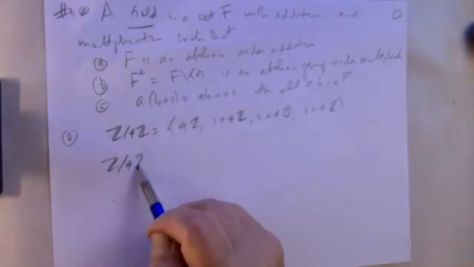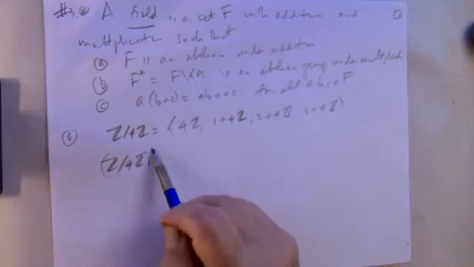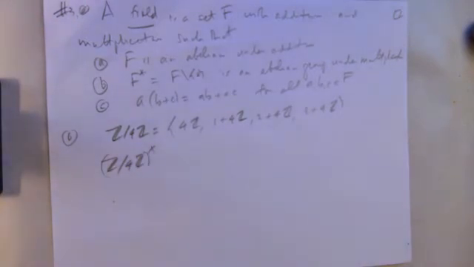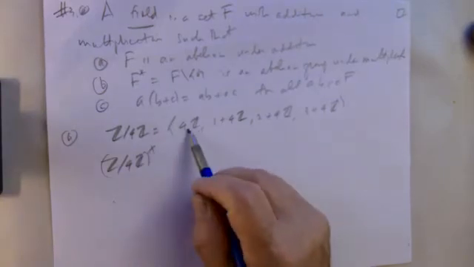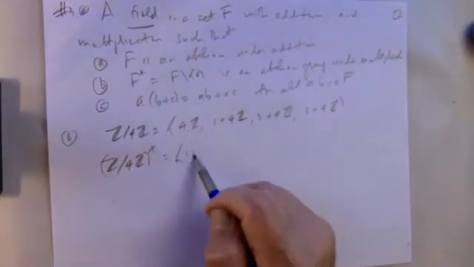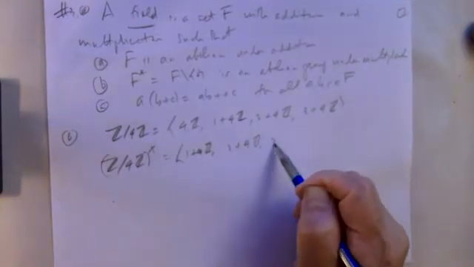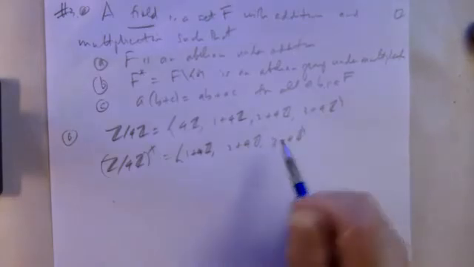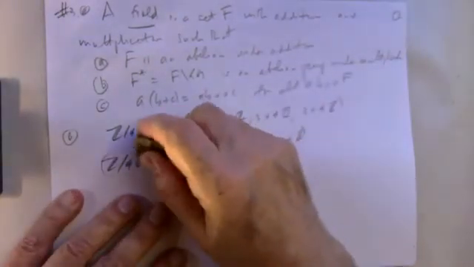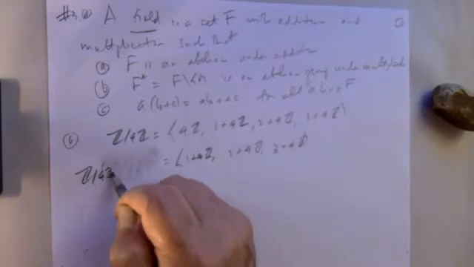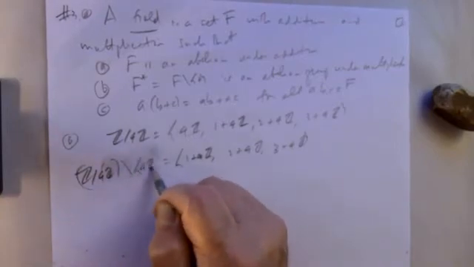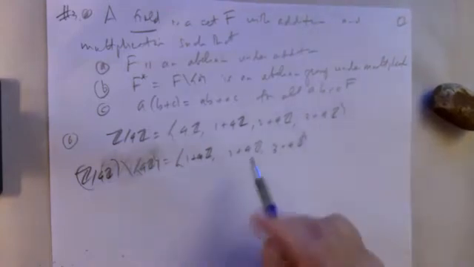So Z mod 4Z star, if you take away 0, this is 1 plus 4Z, 2 plus 4Z, and 3 plus 4Z. This is Z mod 4Z with just the congruence class 4Z removed.